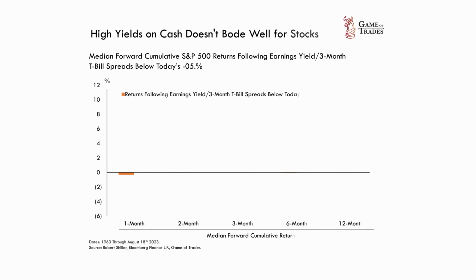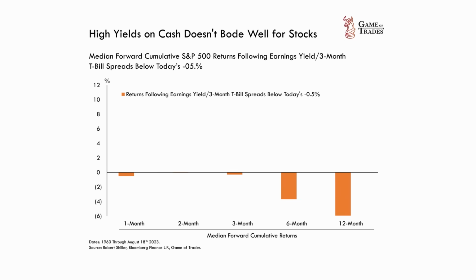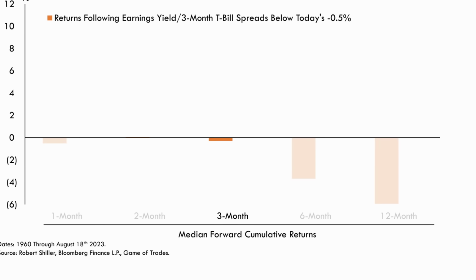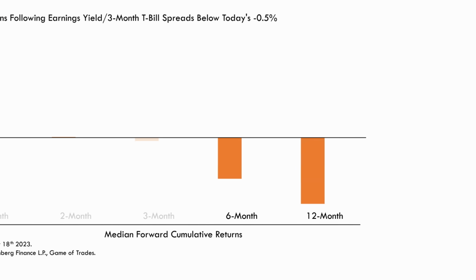And if you look at the median forward return of the S&P 500 following this signal, stocks yield near 0% return looking out 3 months, and stocks are typically negative looking out 6 to 12 months, which is of course substantially different to the type of returns you can expect from the S&P 500 on average.